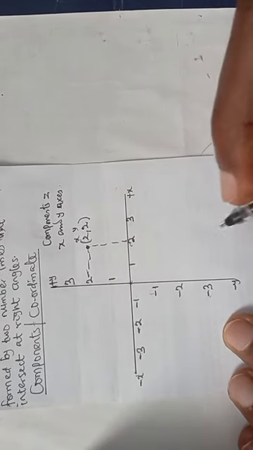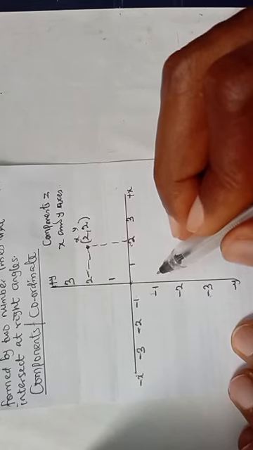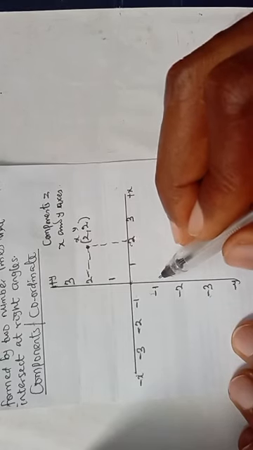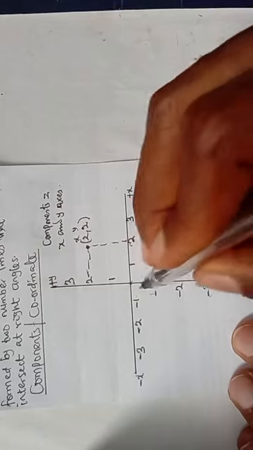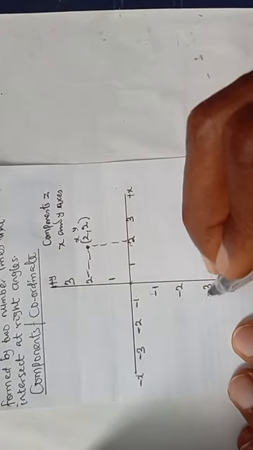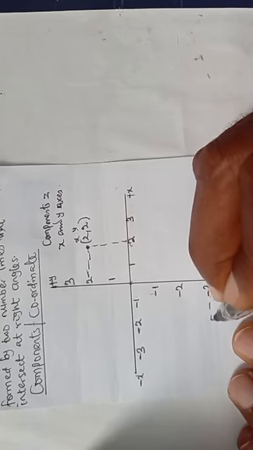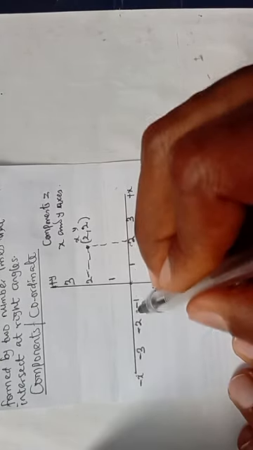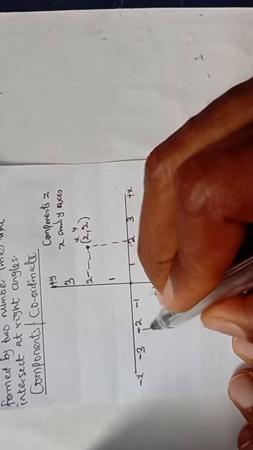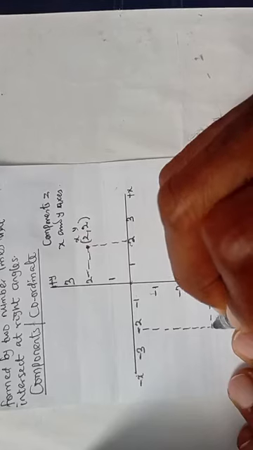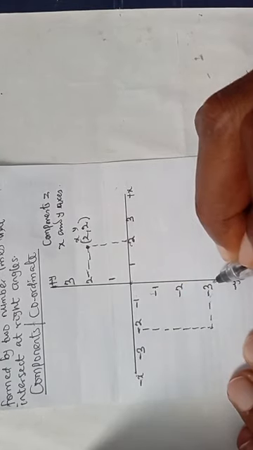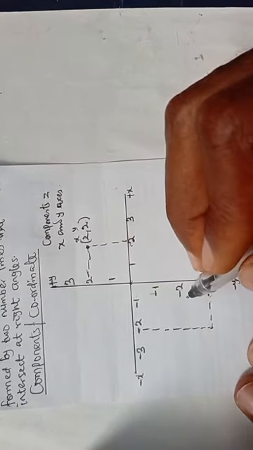Now let me use different figures. Maybe we want to pick a point along the negative part of the y-axis. Maybe I want to pick minus 3. We stop at minus 3, and x is minus 2. Now I can take down this line coming down here. The point where both minus 3 and minus 2 meet is also a coordinate.